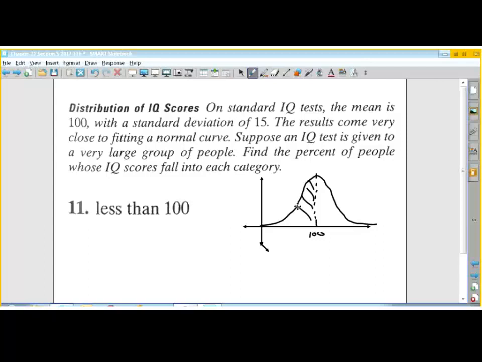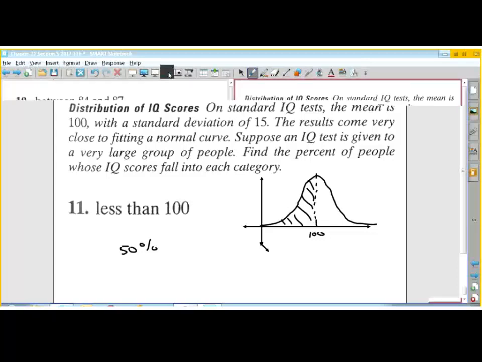What percent of people have an IQ less than 100? 50%, yeah. So it's 50% just from the fact that that's what the normal curve has. 50% of the data is less than the mean, 50% is greater than the mean. Okay.